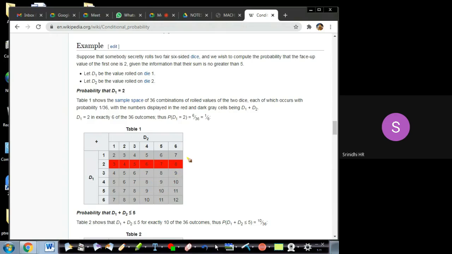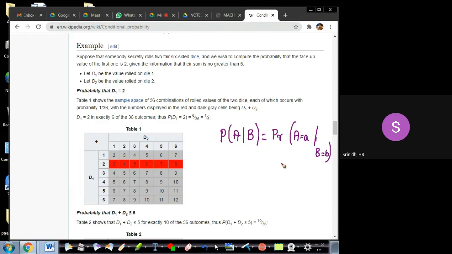Okay, see, in this example, I'll tell my conditional probability in my own words. So let's jot down what is actually conditional probability. That is probability of A given B, which is equal to probability of A equal to small a, given B equal to small b.